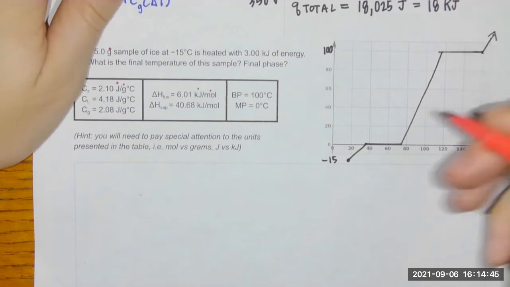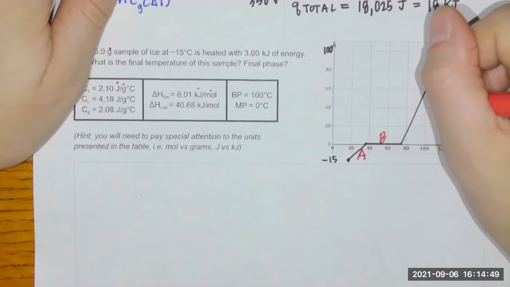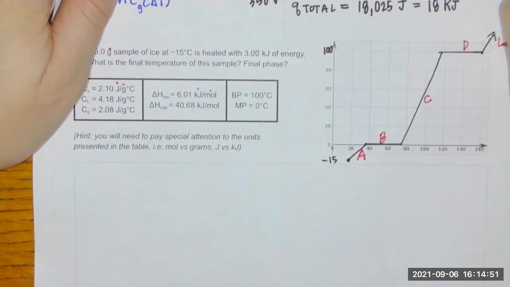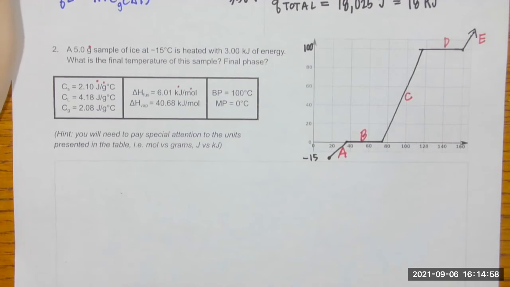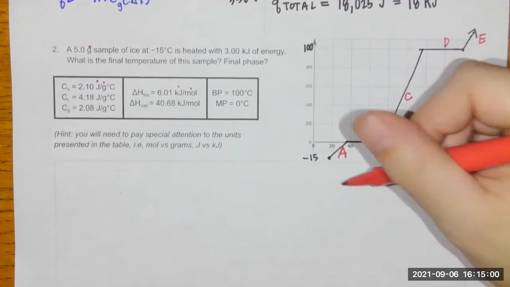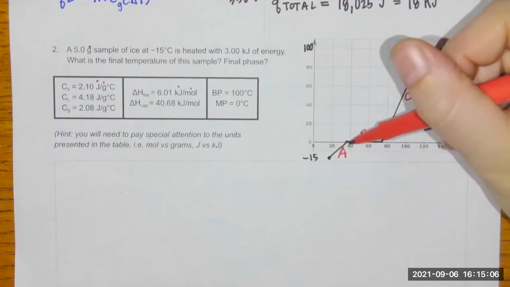Okay, so let's call this section A, B, C, D, E, just for clarity. Pause here and see if you can figure out how much energy it takes for section A. Once you figure that out, do you have enough energy to keep going?